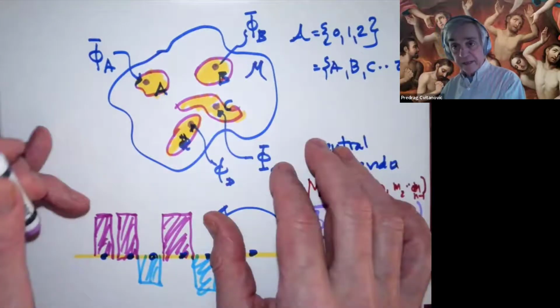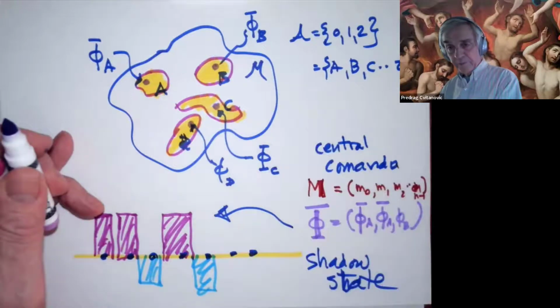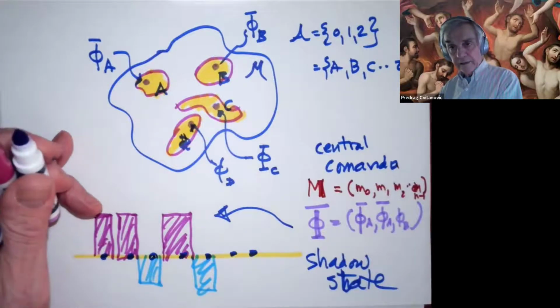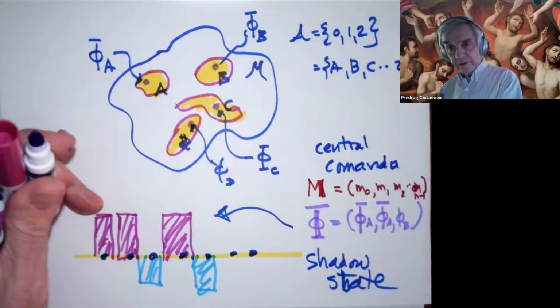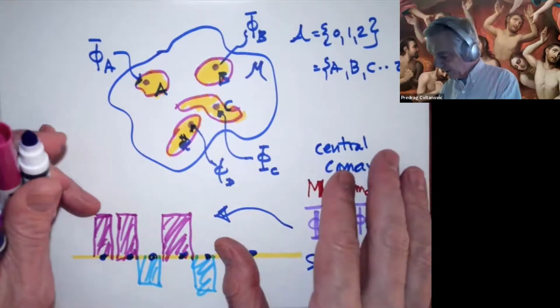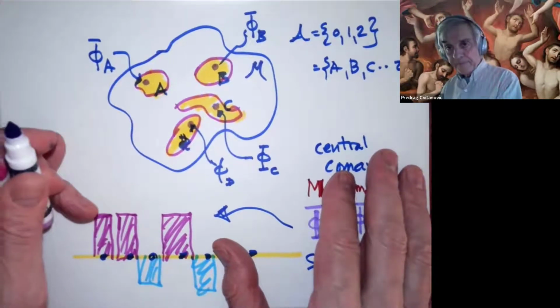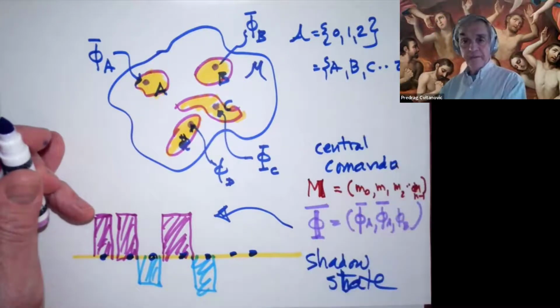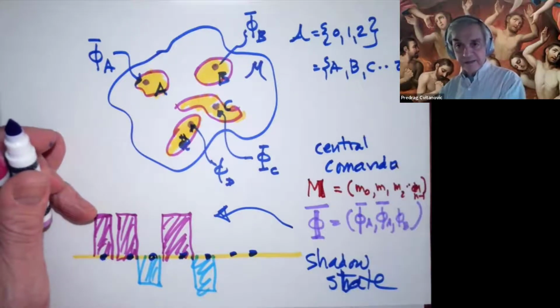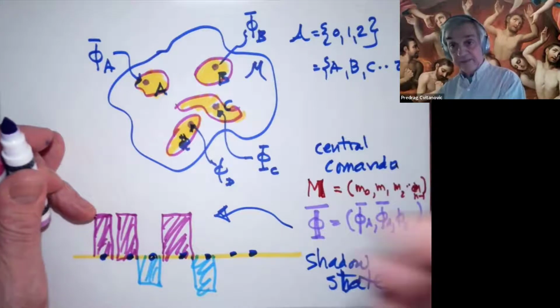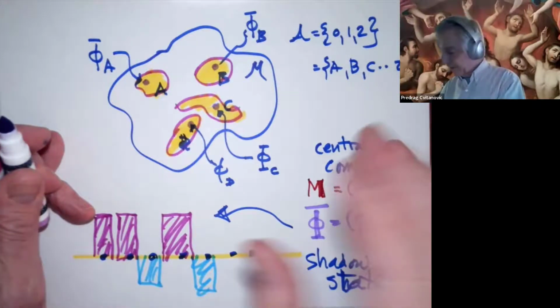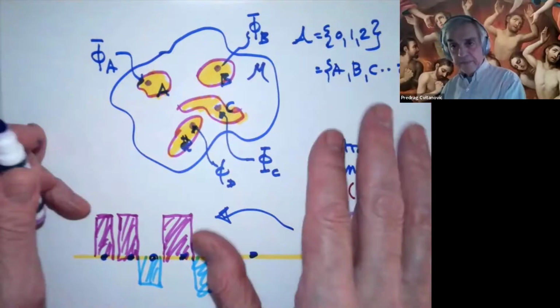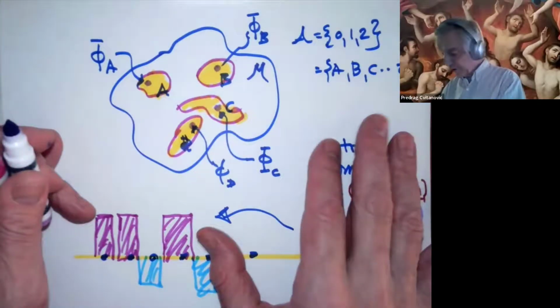And the shadow state is constructed by taking one agent, one elector or whatever, in each region. And this is how I translate the commands from the central committee, which are just a code of 7 letters or something, whatever the number of these guys are, to actual execution on the ground.